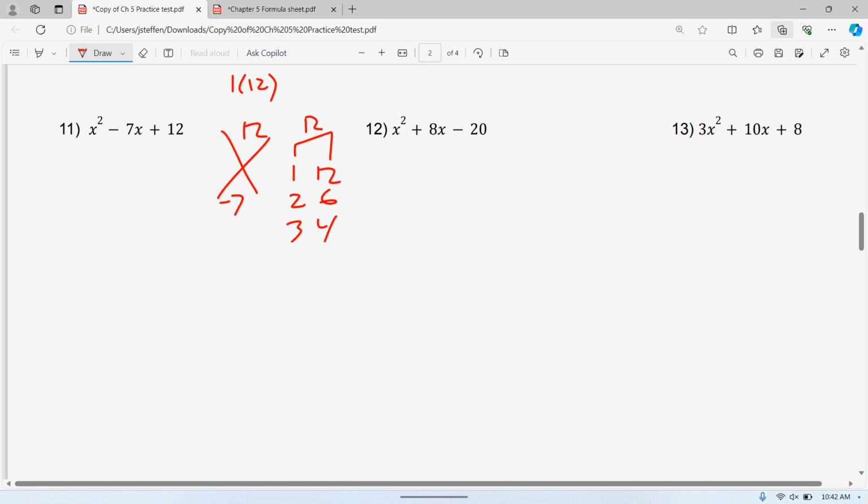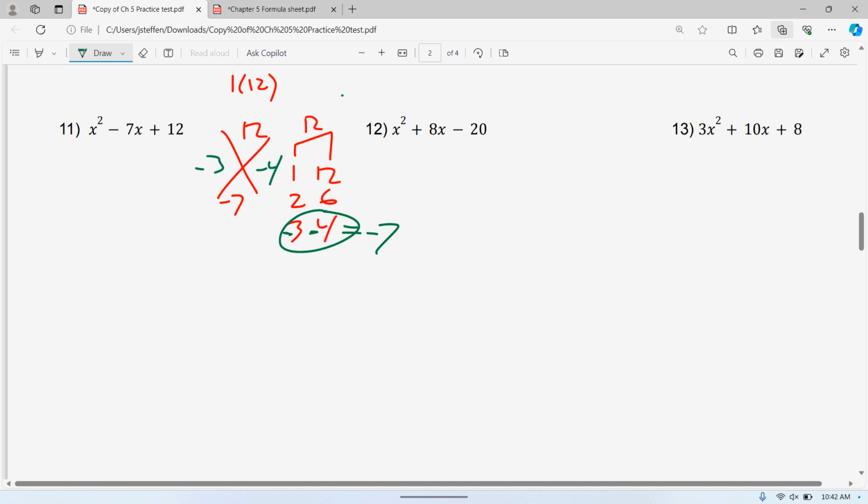Negative, yet because those still all multiply to be positive 12. But just like we said in the past, we add up to be positive, but we want negative signs. So put both of them minus. They still add to negative 7. They still multiply to be positive 12, and that's what you need to double check.